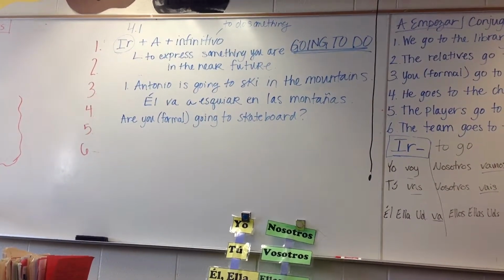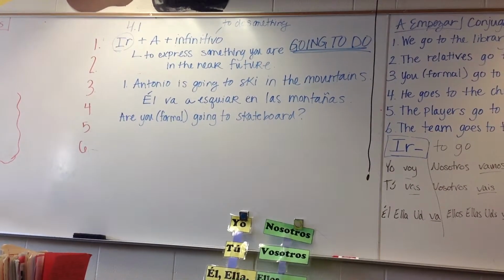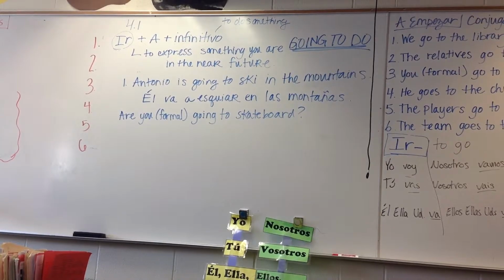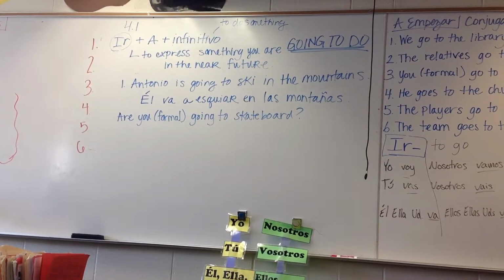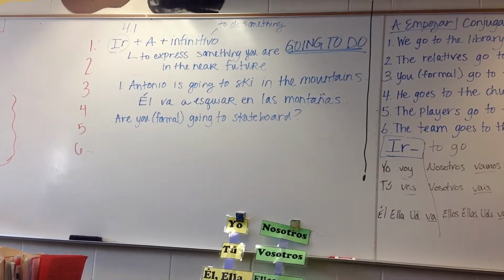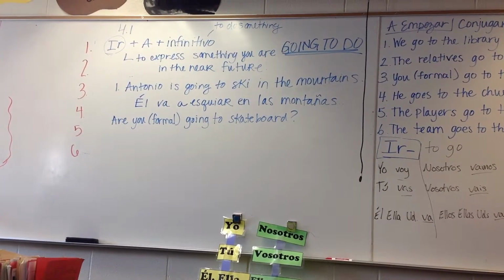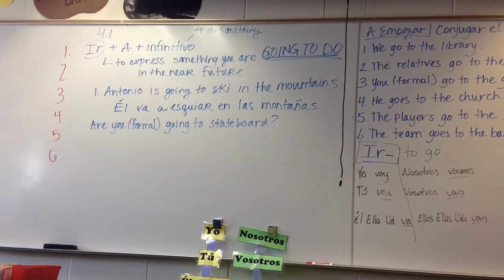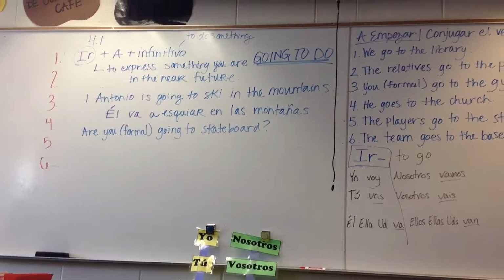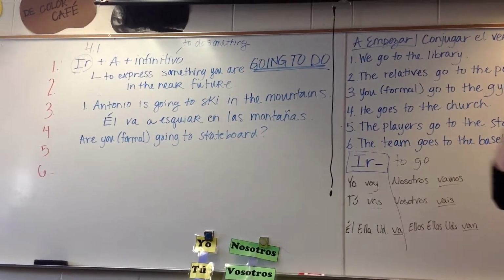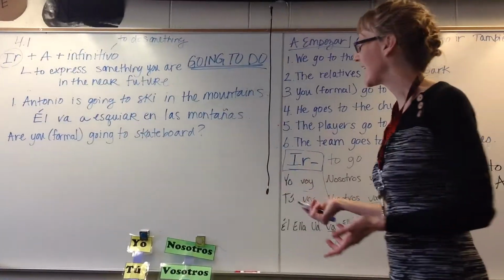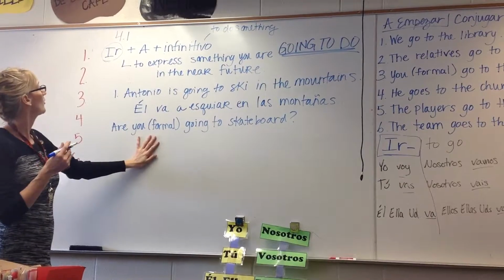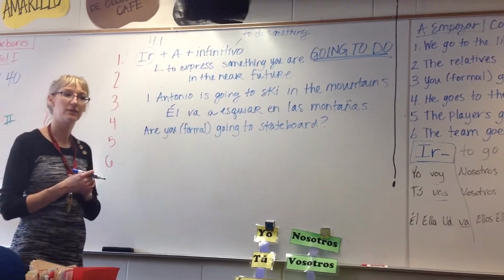Are you going to skateboard? Okay, so normally when you make an answer, where does the personal pronoun go? At the very beginning of your sentence. When you're asking a question, where does it go? At the end. Okay? For you formal, what is our correct form of ir that we're going to have?